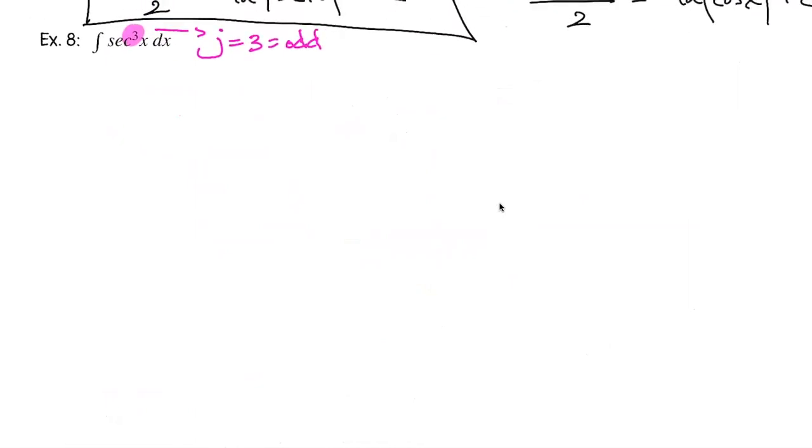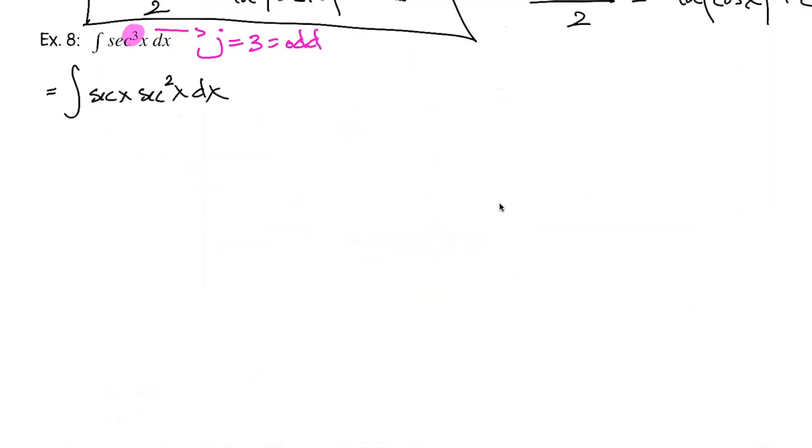Okay, so we're going to take our secant and split it, kind of like we did our tangent in example number 7. So we're going to split this to be secant x times secant squared x dx, okay? The reason we're splitting it like this is because now we're going to be able to use integration by parts, okay?